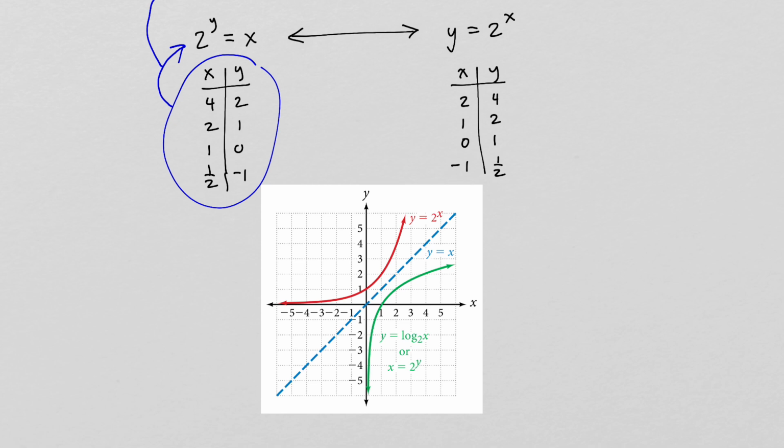we get this. So y equals 2 to the x is our very common exponential function. And y equals log base 2 of x, or x equals 2 to the y, either way, same thing, gives us this graph. So logarithms are simply the inverse of exponential functions.